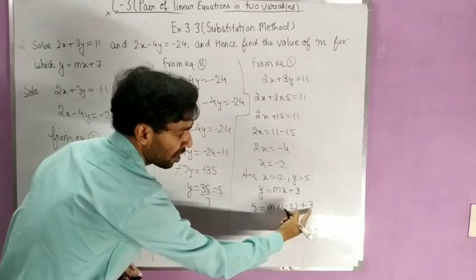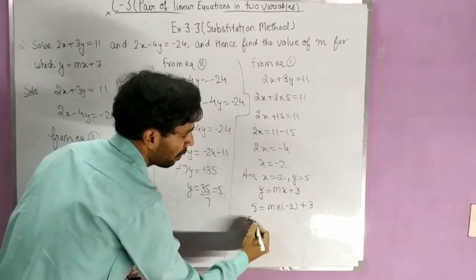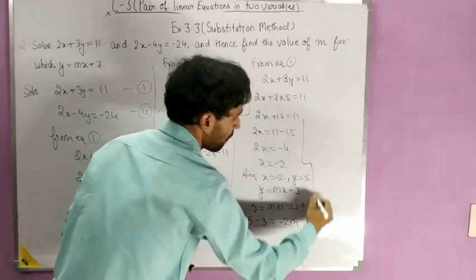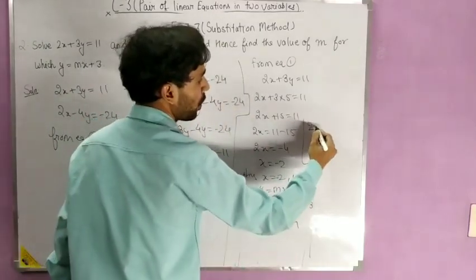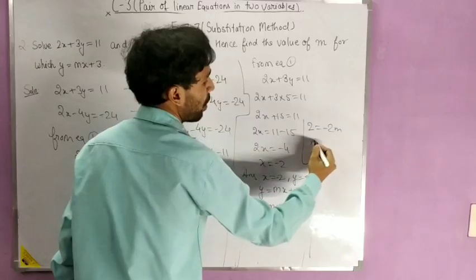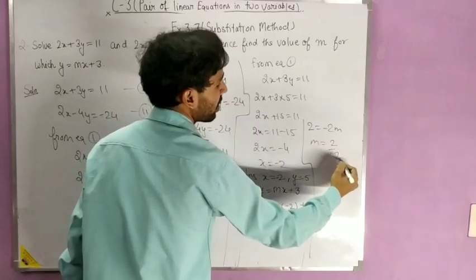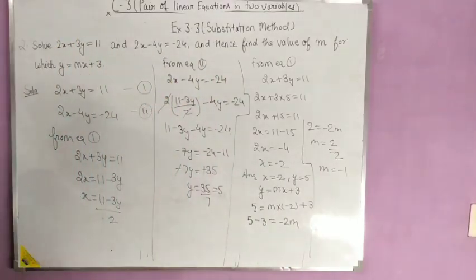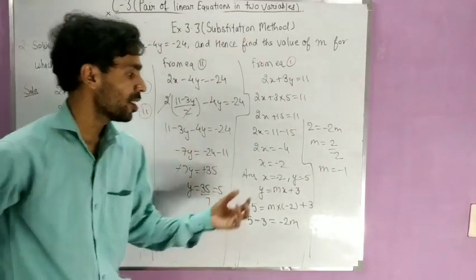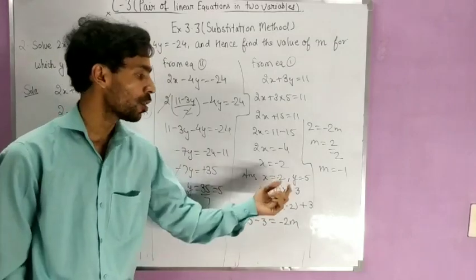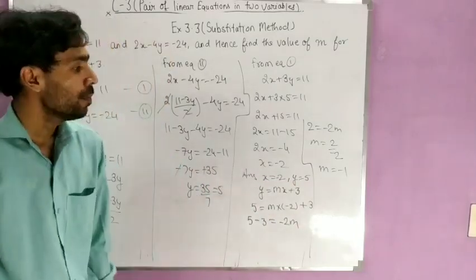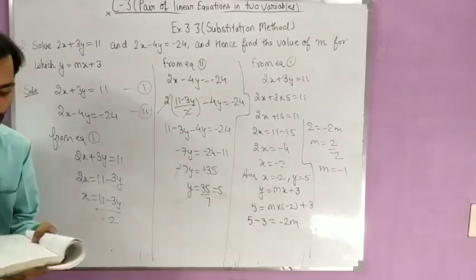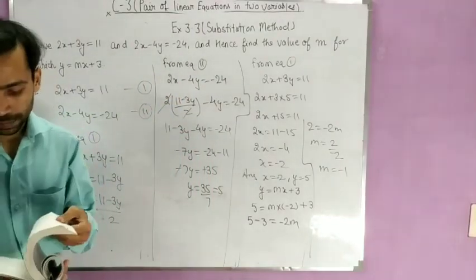Now transfer this 3 to this side. So it will be 5 minus 3 equal to minus 2m. Now 2 equal to minus 2m. So m equal to 2 upon minus 2, so m will become minus 1. So our solution was x equal to minus 2 and y equal to 5, and the value of m is minus 1.